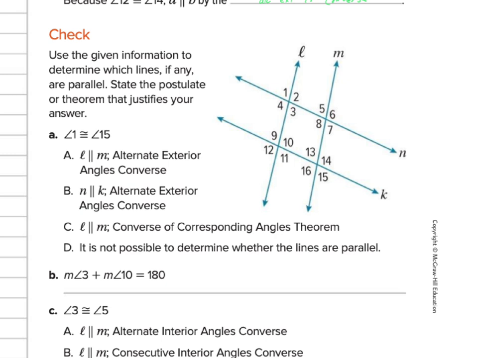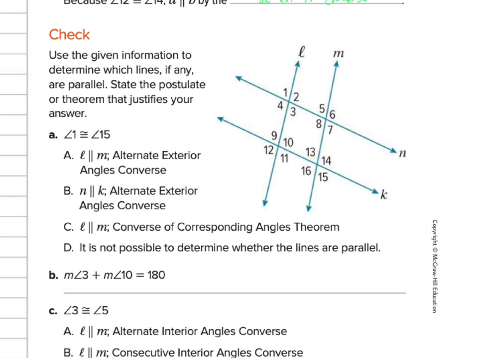So what I'm going to say here is there is not enough information for us to be able to make that determination. They have to give us some more information. We just can't go straight over there. They would have to give us something like, if 1 and 5 are corresponding angles, then 5 and 15 would be alternate exterior. So they just didn't give us enough to work with here.